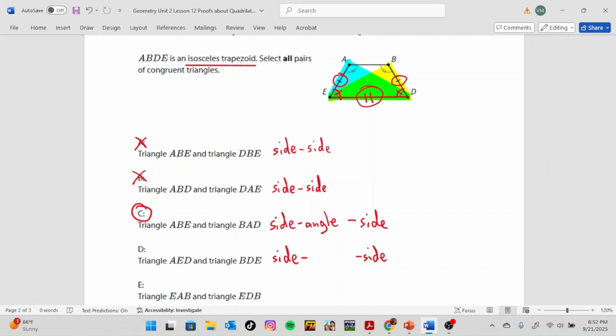And these angles are the angles between the two sides that we already know are congruent. So again, we do end up with side, angle, side, and because of the side, angle, side triangle congruence theorem, this does prove that the triangles are congruent.